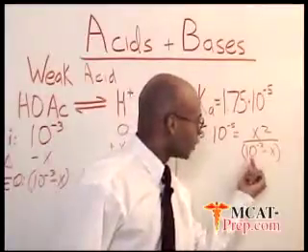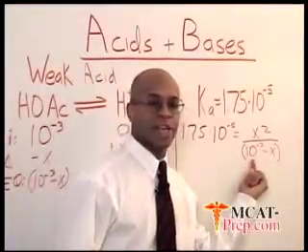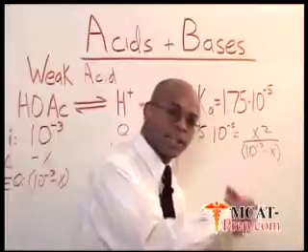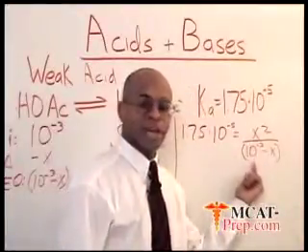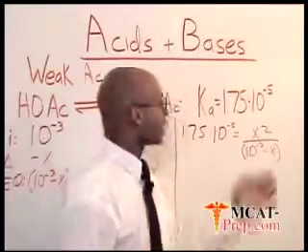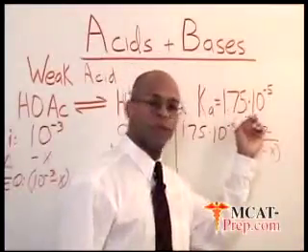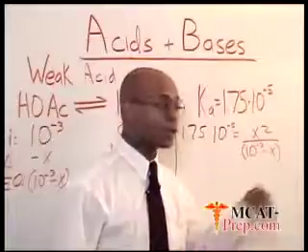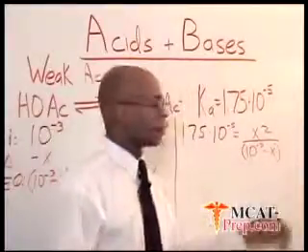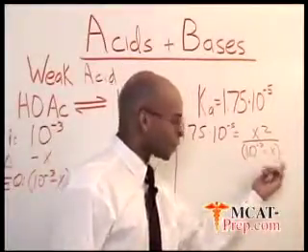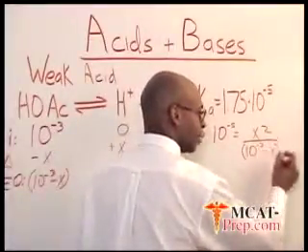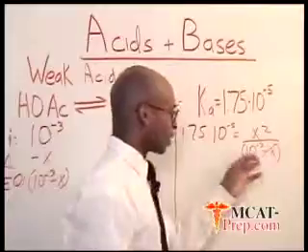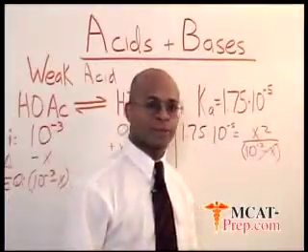This number will hardly be changed because the x that is being subtracted from it is so incredibly small compared to this number. And we know that only because the Ka is such a very small number, 0.00001. So a very small amount of this is going to be given off. And because of that, we can estimate this denominator as just 10 to the minus 3.